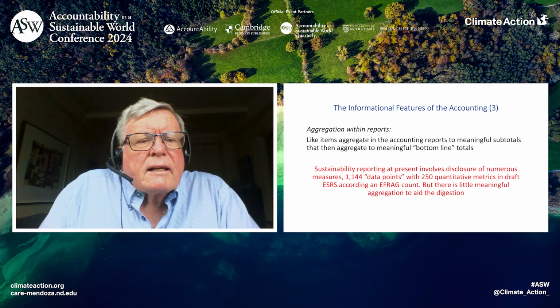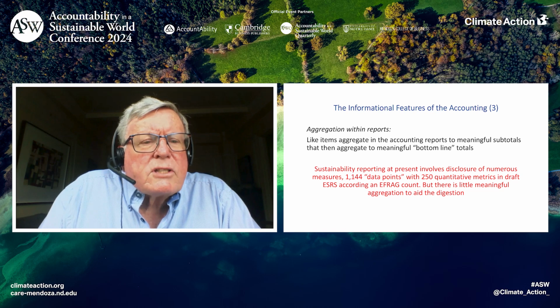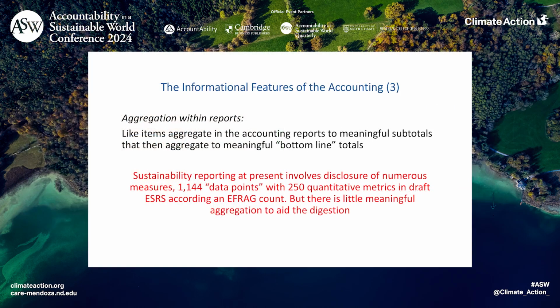As in financial accounting, it aggregates like amounts into subtotals to give summary numbers, which are easier to appreciate and to analyze. I've been told that at least at one time, under regulations and discussions about carbon, there are 1,144 different metrics that are used.